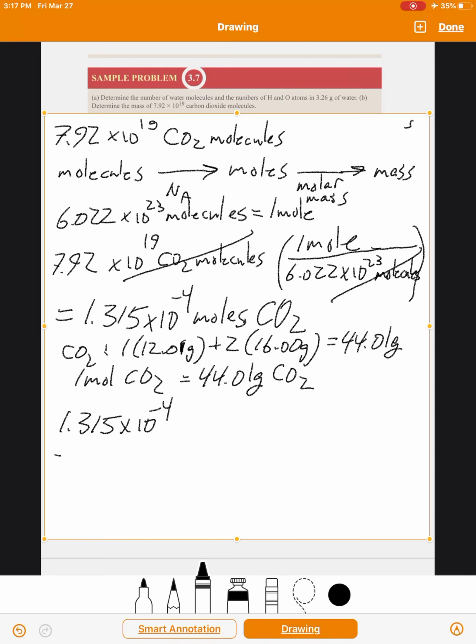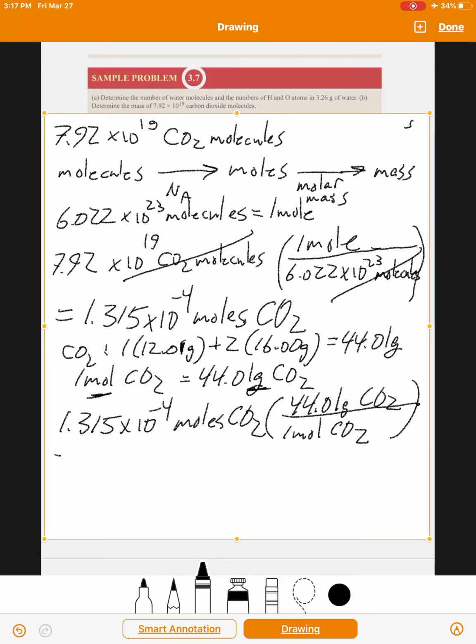1.315 times 10 to the minus 4 moles of CO2. We're going to convert this to grams. How do you convert it to grams? You put the grams in the top, and you put the moles in the bottom. So you're multiplying by, I'm sorry, not by Avogadro's number, by the molar mass. So we should get grams of CO2.